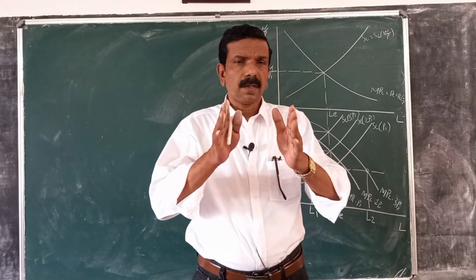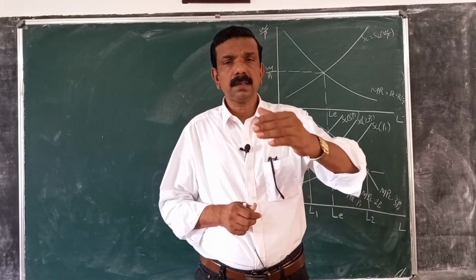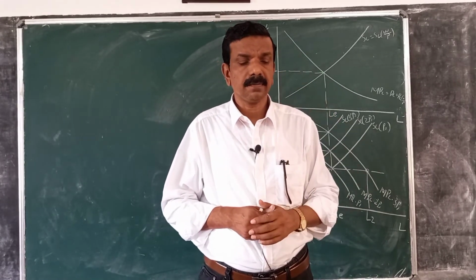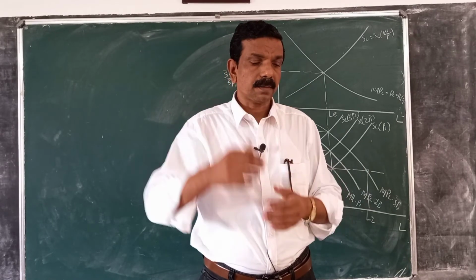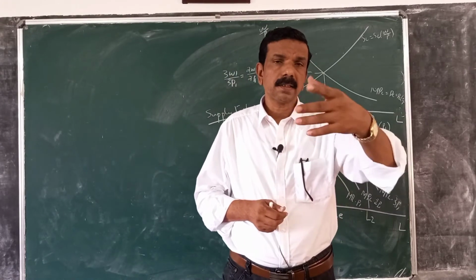And if we want to know the quantity of labor demanded at any money wage, as in the case of quantity of labor supplied, the answer depends on the price level.